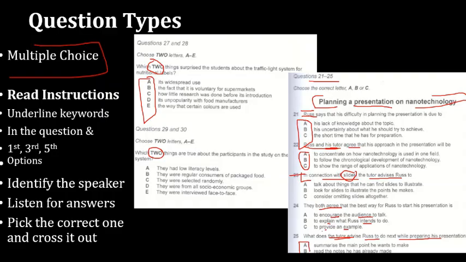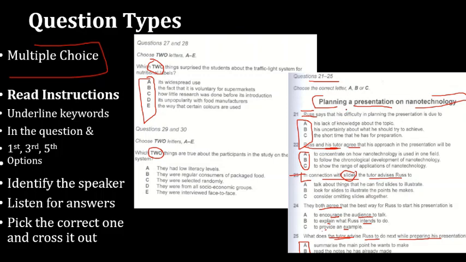It's supposed to be three. One may not show on the screen. So that's how you go about identifying the speakers and following suit to listen to them keenly and pick out your answer.